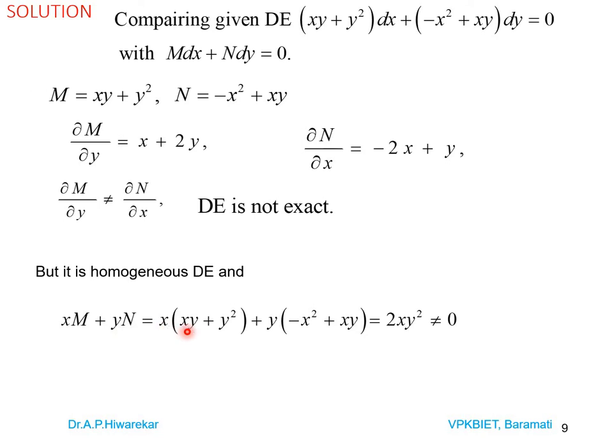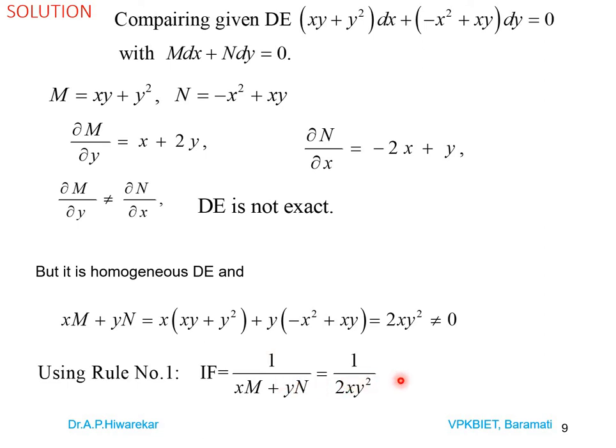So it is x(xy + y²) + y(−x² + xy), so that the x²y with plus and minus sign get cancelled, and xy² is double. So that is 2xy², and that is not 0. So using rule number 1, the integrating factor is 1/(xM + yN), which is 1/(2xy²).